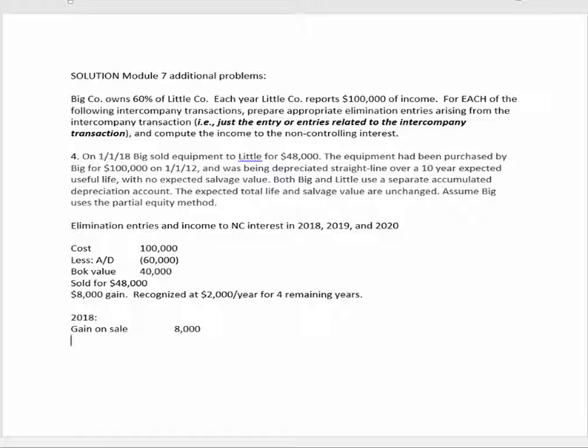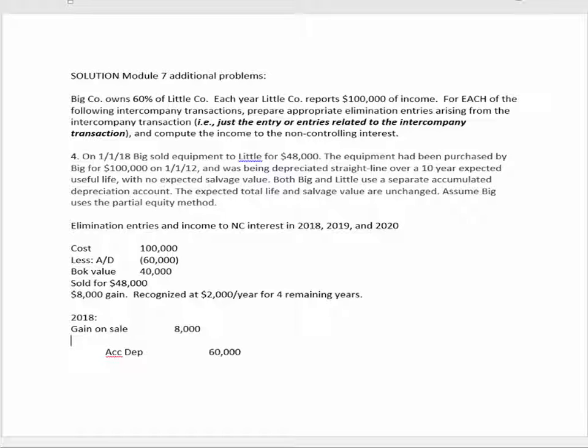Now, when this asset was sold, the accumulated depreciation of $60,000 was removed. Basically, we need to restore that accumulated depreciation. So we'll put that accumulated depreciation back on the balance sheet, because again, it would have been removed when the asset was sold.